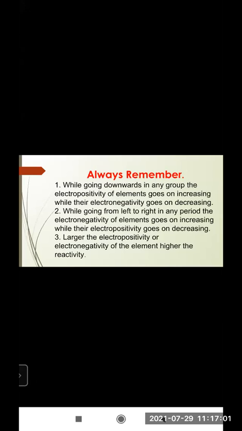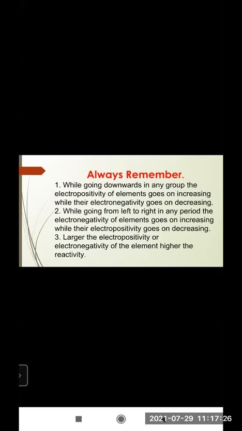So once again, I will repeat. While going downwards in any group, the electropositivity of elements goes on increasing while their electronegativity goes on decreasing. Then while going from left to right in any period, the electronegativity of the element goes on increasing while their electropositivity goes on decreasing. Clear?